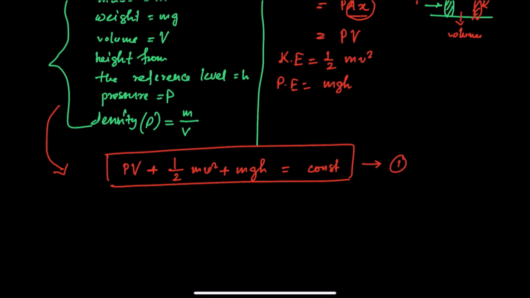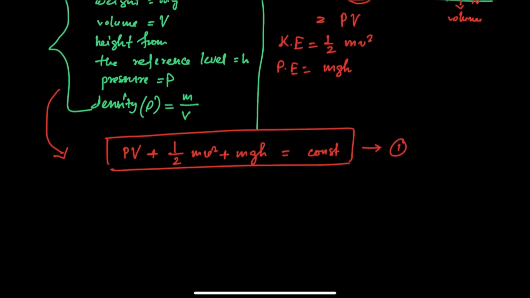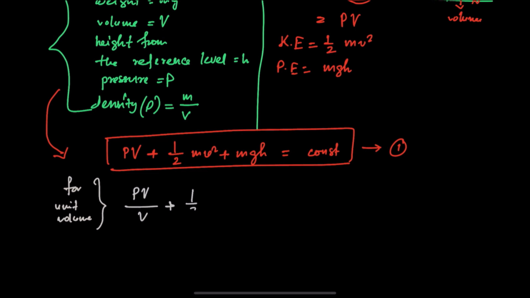Now, how will this form change if we consider Bernoulli's theorem for unit volume? If I divide this equation throughout by volume V, it is PV by V plus half mv square divided by V plus mgh divided by V, which is another constant.